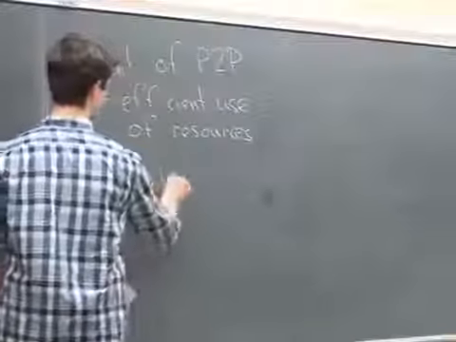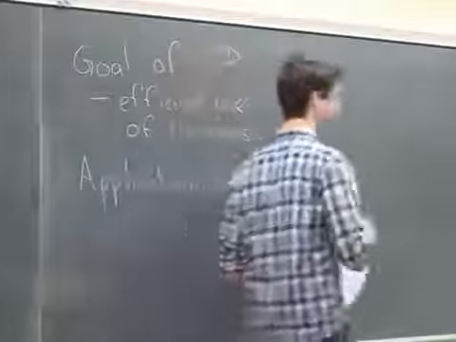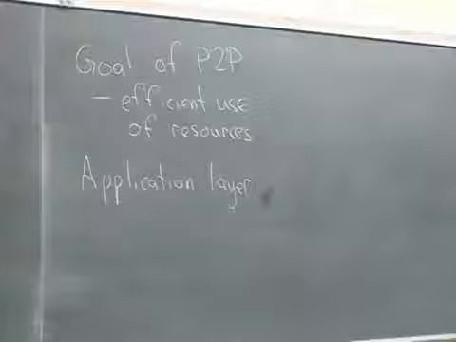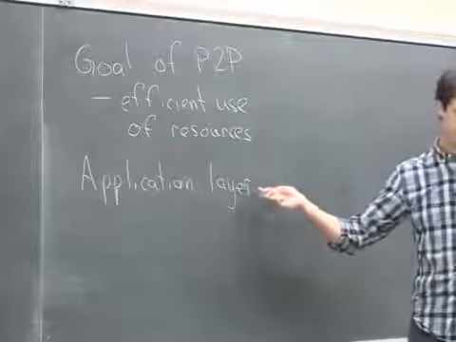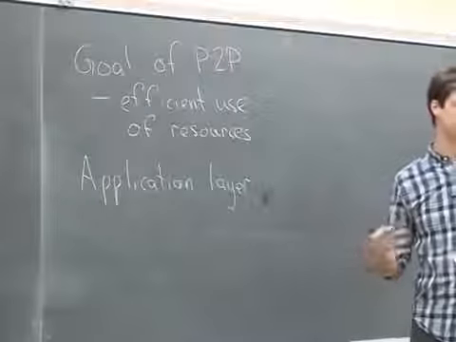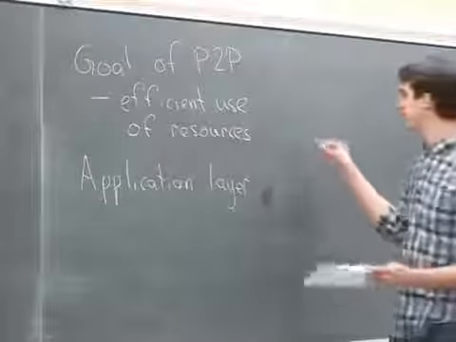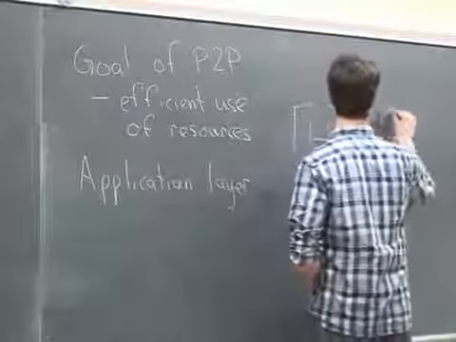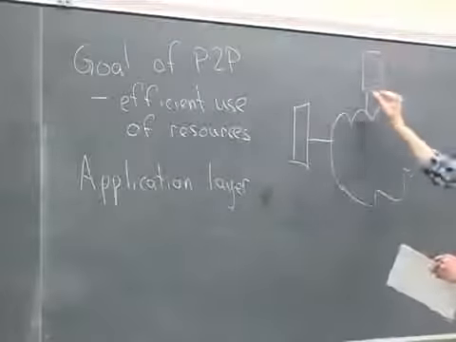which you guys have been covering. So it's also at the application layer, like things like DNS and HTTP. And because it's at the application layer, it means it's software running on the end hosts. And so let me just draw what we have here. We have these end hosts connected to the internet. So now we have multiple end hosts here.